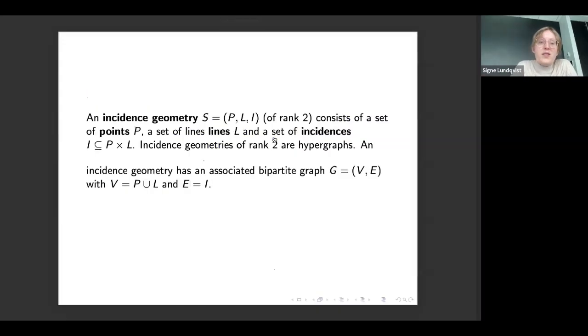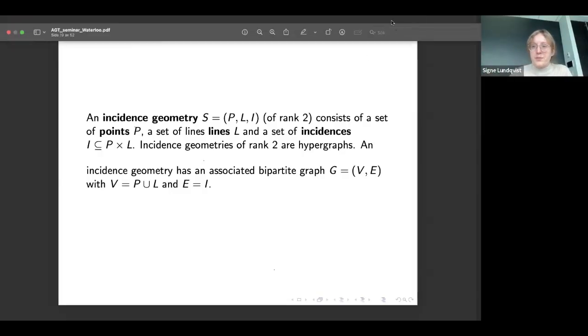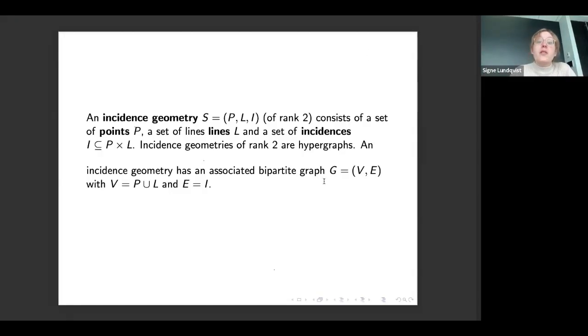So the remaining parts of this talk will be about incidence geometries rather than graphs. Incidence geometries consist of a set of points and a set of lines, combinatorial points and combinatorial lines, and a set of incidences which prescribe which points lie on which line.